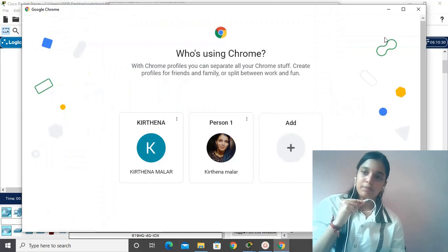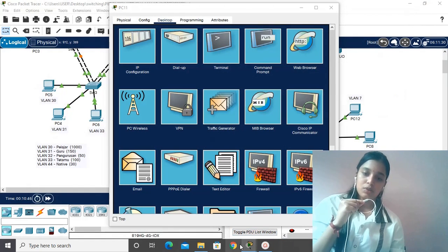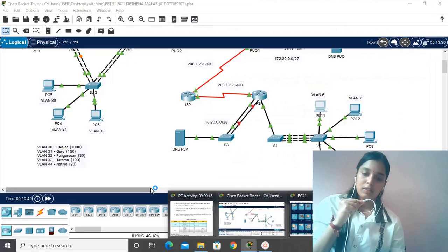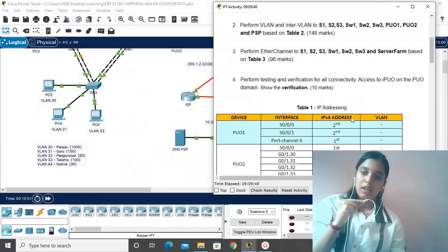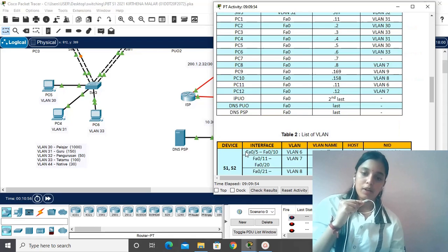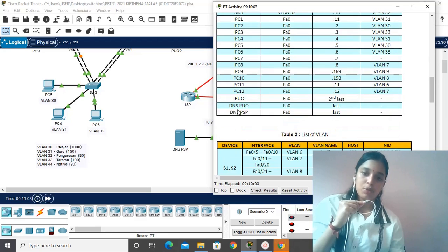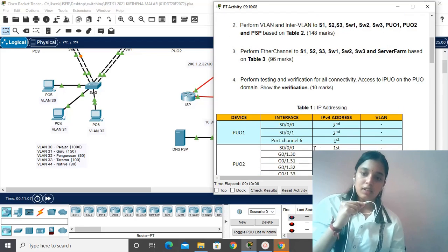The first table is shown, with the IPv4 addresses already given: device, interface, IPv4 address, and LAN PO1, PO2. There are the PSP switches S1 until S3, server farm switch 1 until switch 12, IPO, DNSPO and DNS PSP, as given in IP addressing Table 1.